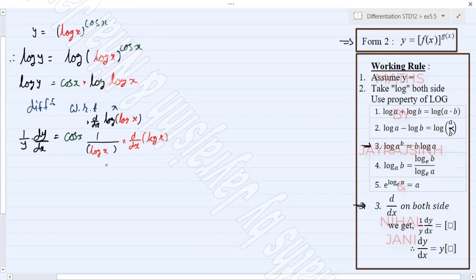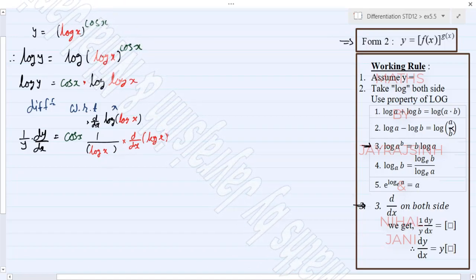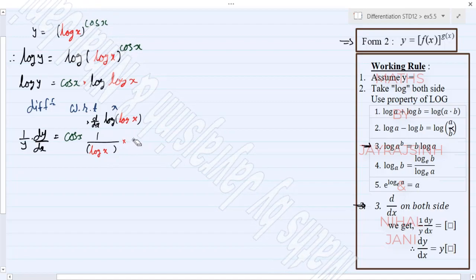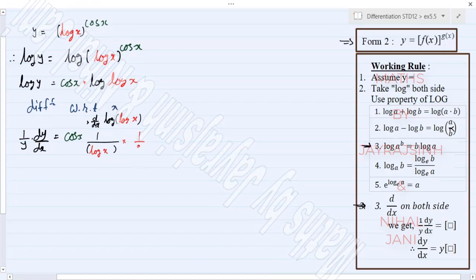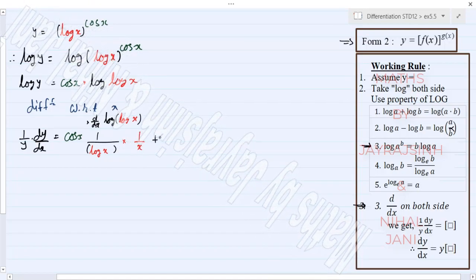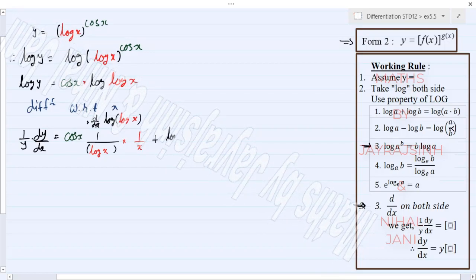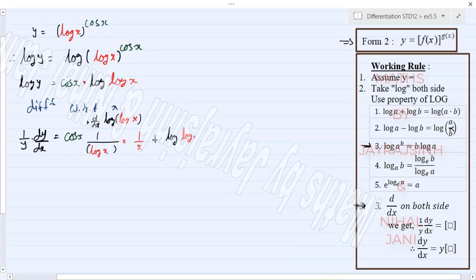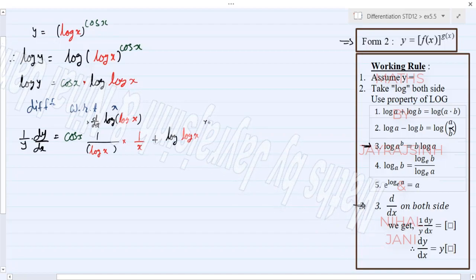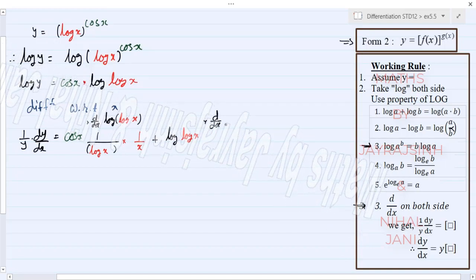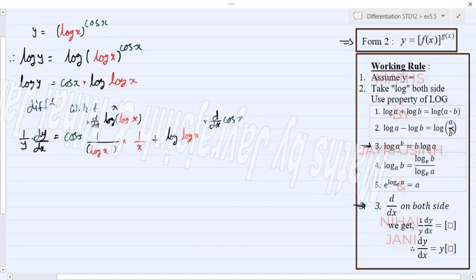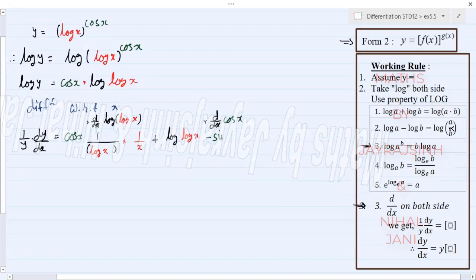Within the box we have log x, so here we just have to multiply differentiation of log x, which is 1 upon x, plus log of log x will be as it is, we just have to multiply differentiation of cos x, which is minus sin x.